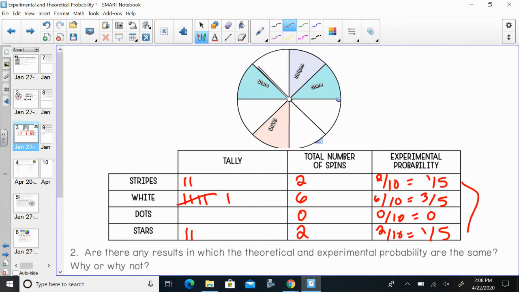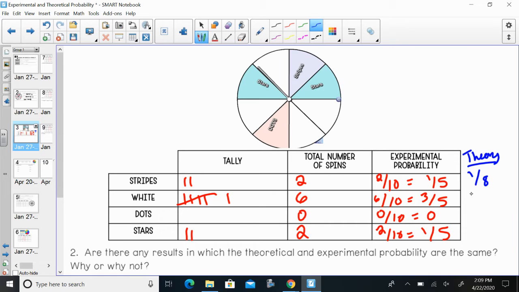So basically, if we think about the theory here, in theory, how many times should I have landed on the stripes, for example? Well, remember, there's 8 different slices of my circle, and there's only one option for stripes. So I should have landed on stripes 1 out of 8 of the spins. So this is the theoretical probability.